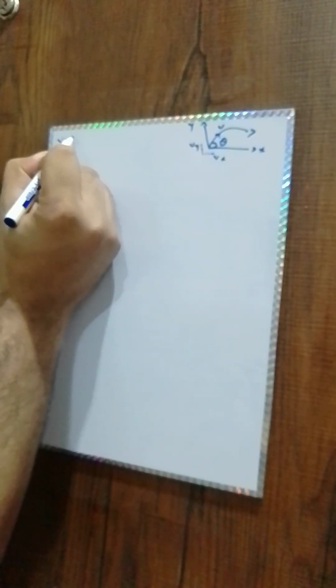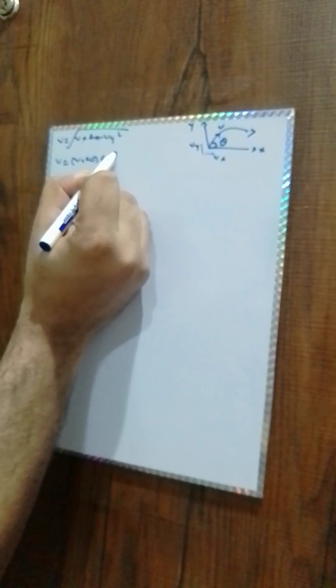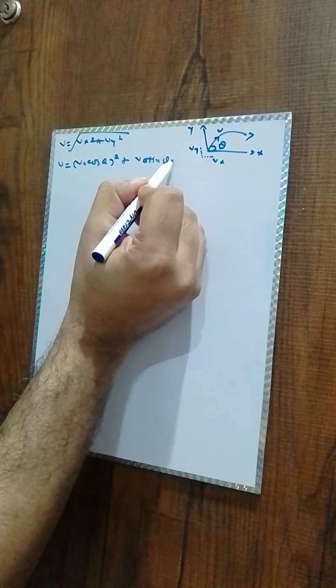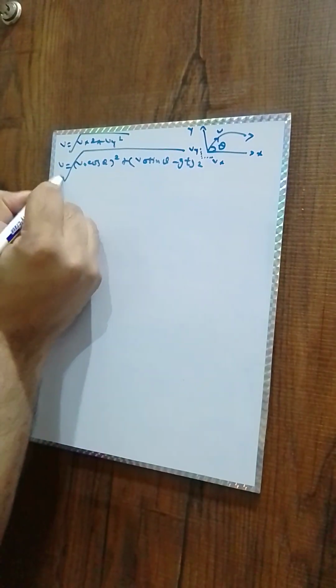If we are looking to expand the velocity form, for example, v is equal to the root of vx square plus vy square, and v is equal to the root of (v naught cos theta) whole square plus (v naught sine theta minus gt) whole square.